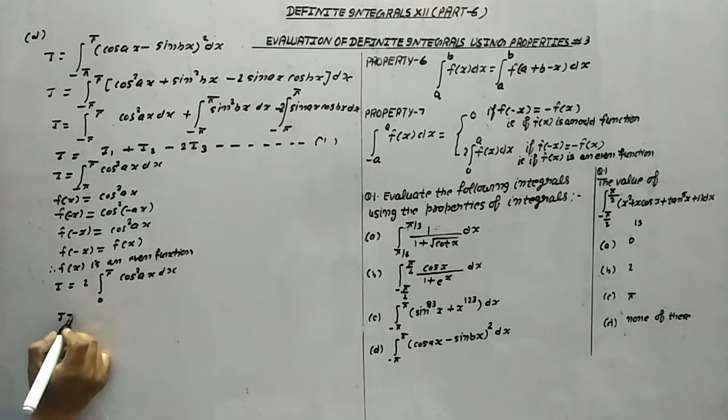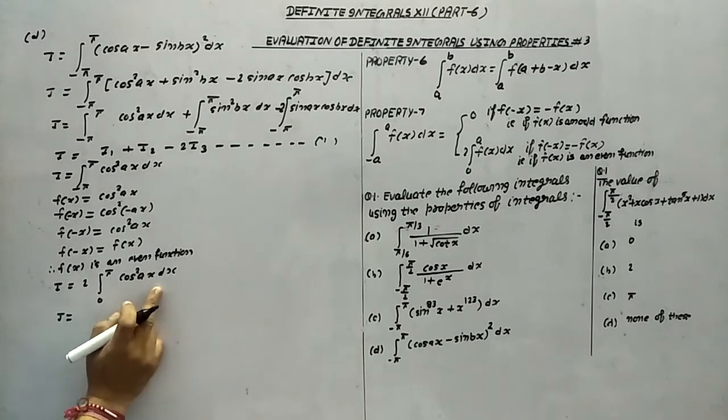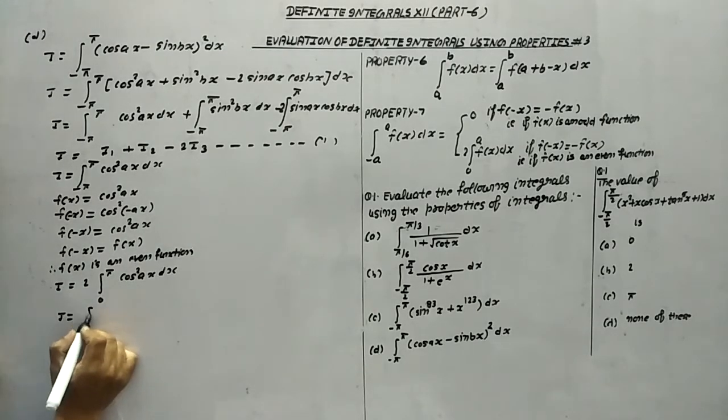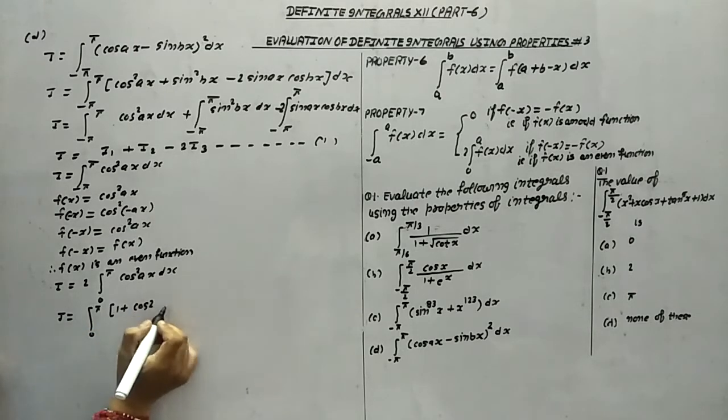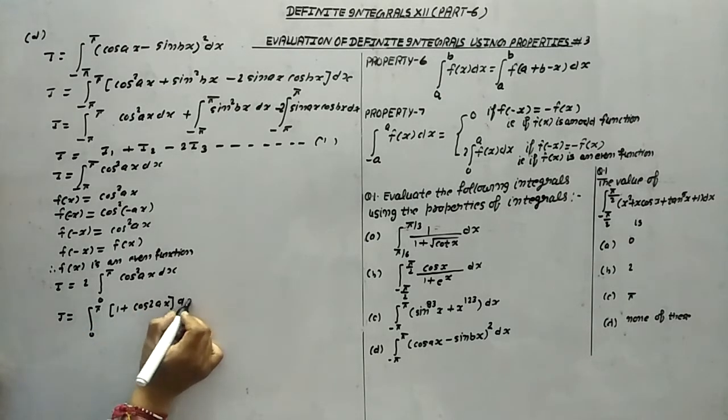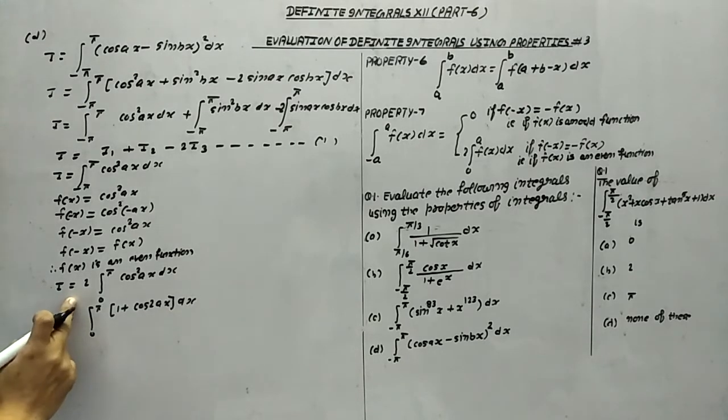Now we know cos² ax means (1 + cos 2ax)/2, so I1 is the integral from 0 to pi of (1 + cos 2ax)/2 dx. The 2 and 2 cancel out.